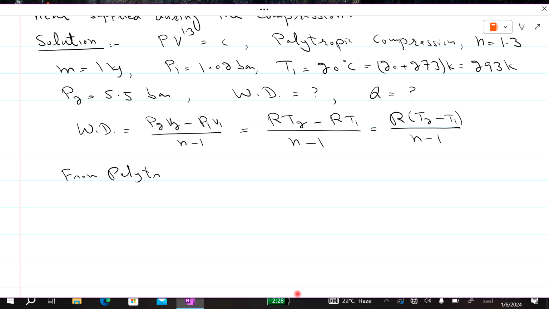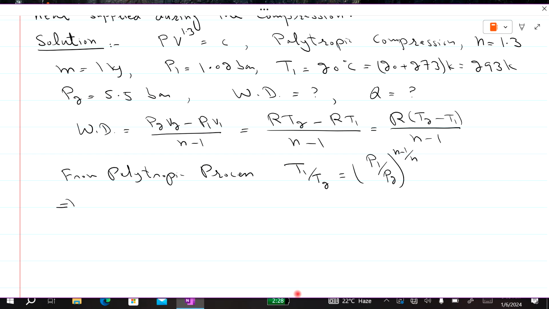From the polytropic process, T1 divided by T2 is equal to (P1 divided by P2) whole power (n minus 1) divided by n.